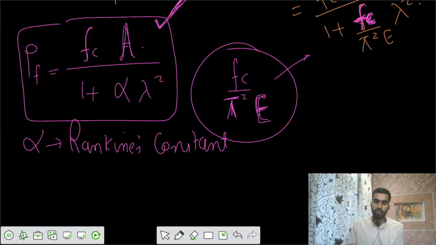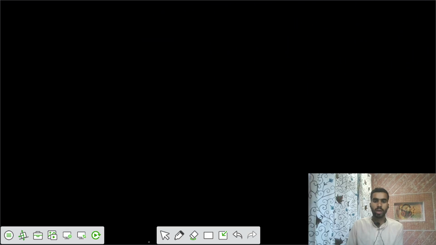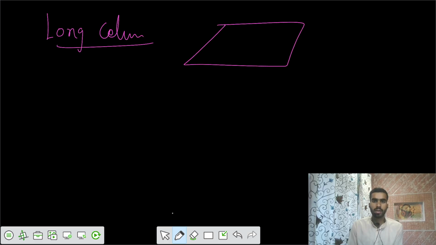And one more thing is that if you talk about a long column, and it is subjected to eccentric loading, that means the load is not passing through the centroid of the cross section, but it is at some eccentricity E1, E2.